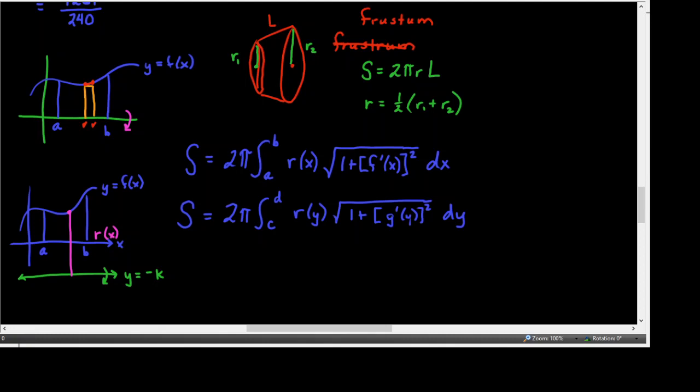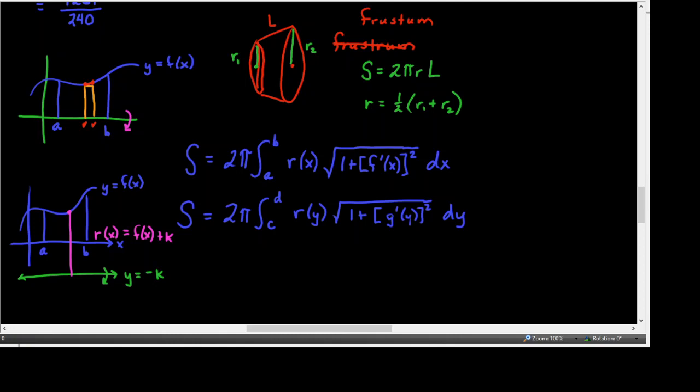The distance from the x-axis to that curve is f of x. But in this more general case, it's going to be f of x minus negative k, top minus bottom. Okay, so that's what your radius will be as a function of x.